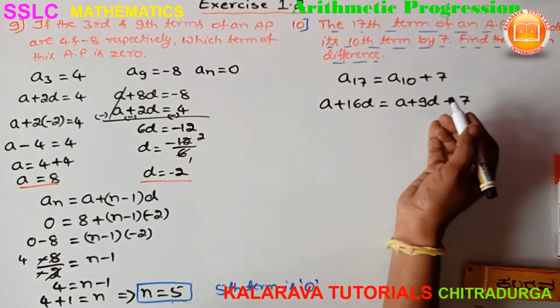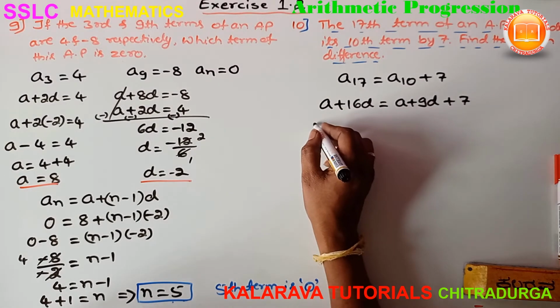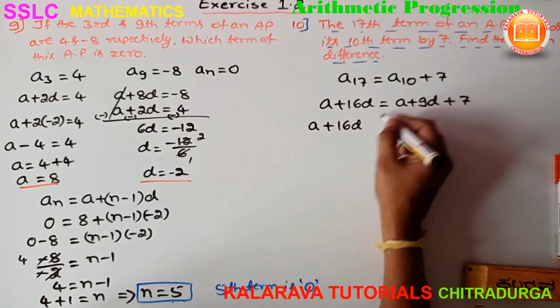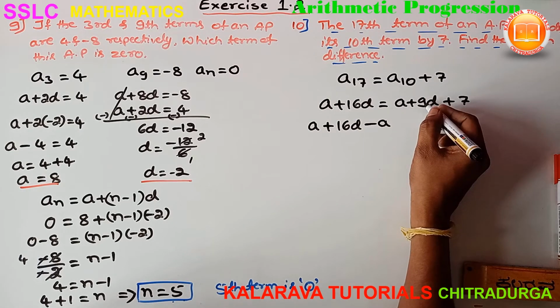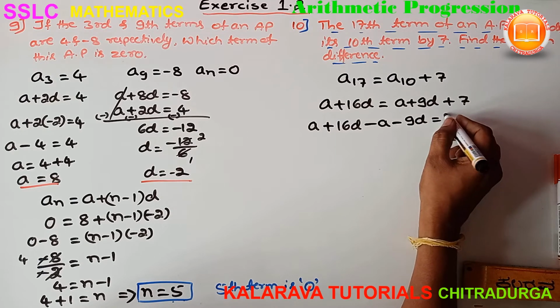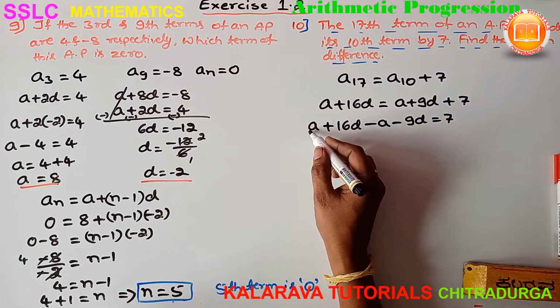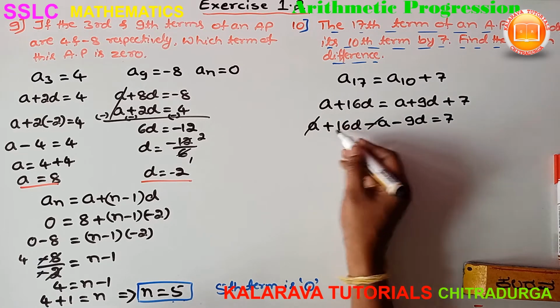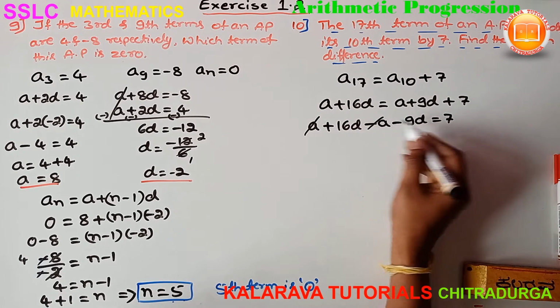So now we have to transfer this A plus 9D to the left hand side. So here A plus 16D is there. If you transfer this A to the left hand side, that becomes minus A, and plus 9D becomes minus 9D, is equal to 7. Here plus A and minus A both get cancelled. Here plus 16D and minus 9D, we have to subtract.